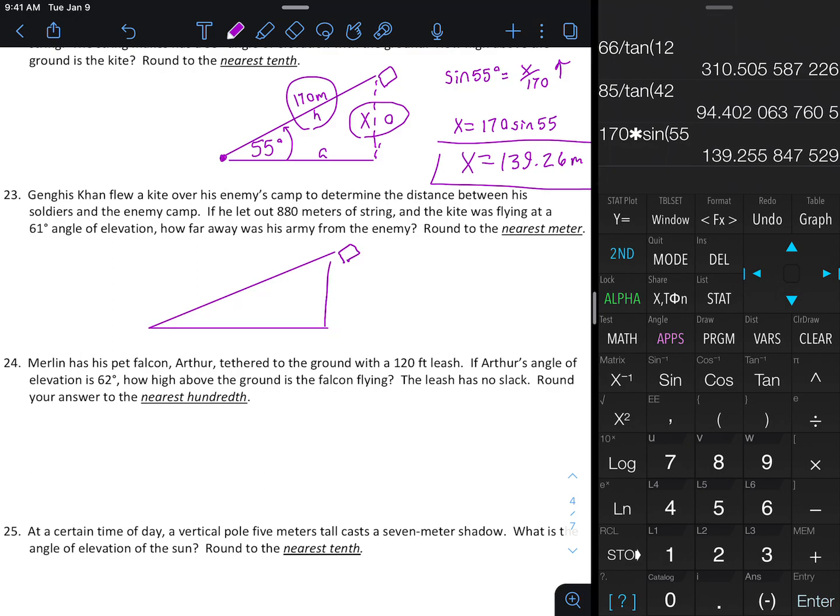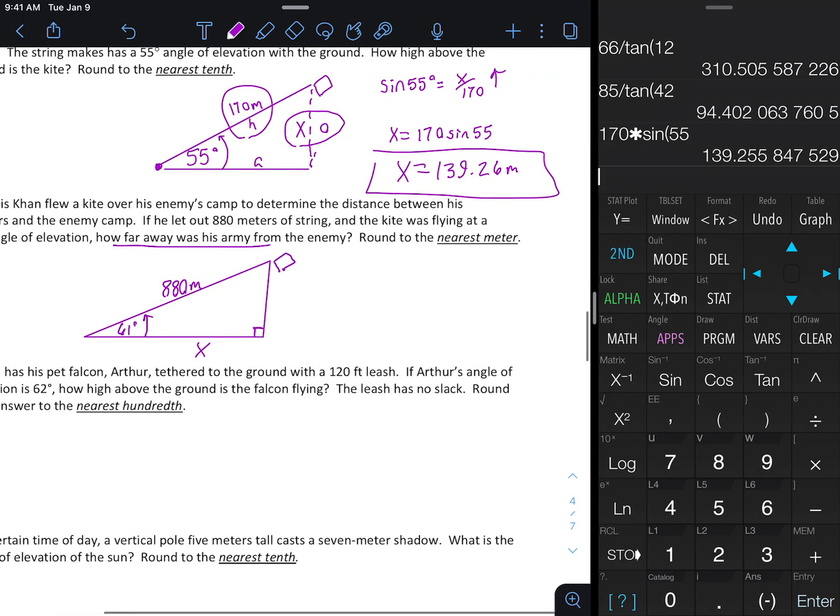It is making an angle of, I didn't draw that perfect, but an angle of 61 degrees. Angle of elevation, so starting at the horizontal and up, and then 880 meters. And the kite was flying at that, and he's asking for how far away, which to me seems like he's talking about the horizontal distance.